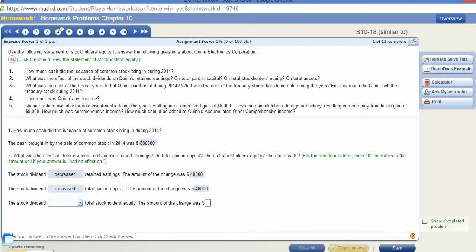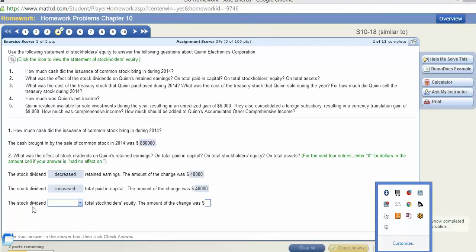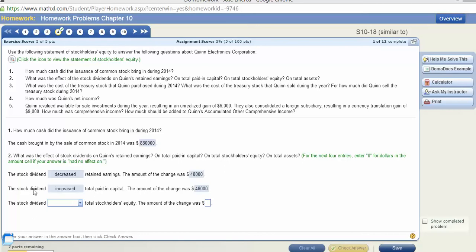Let's look at the next one. Here it's asking you what the effect of the stock dividend is, notice these are all stock dividends, not cash dividends. When you issue stock because you don't have cash or you choose to keep cash and you just give more stock as a dividend, what's the effect on, basically, increase, decrease, total stockholders' equity? Again, please pay close attention to the word total.